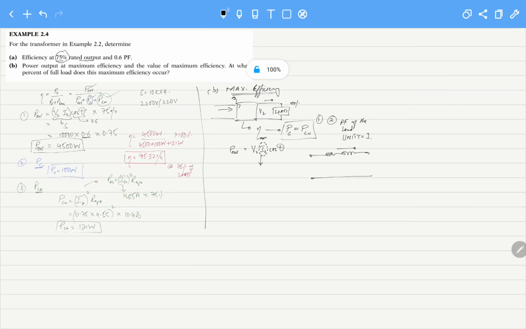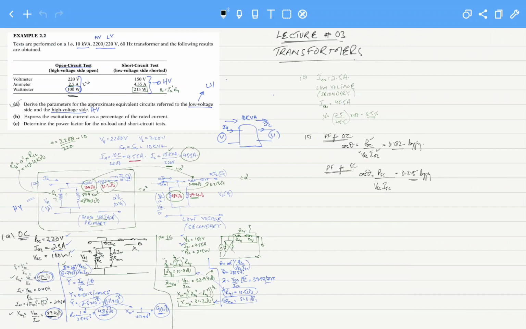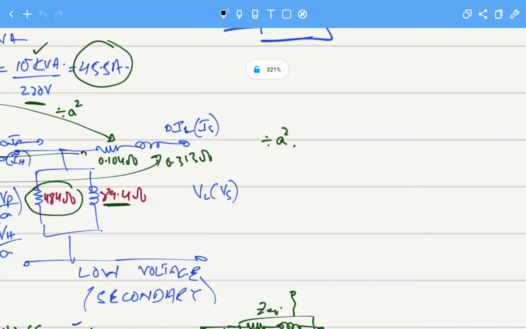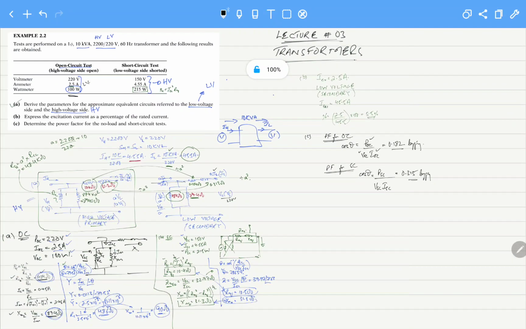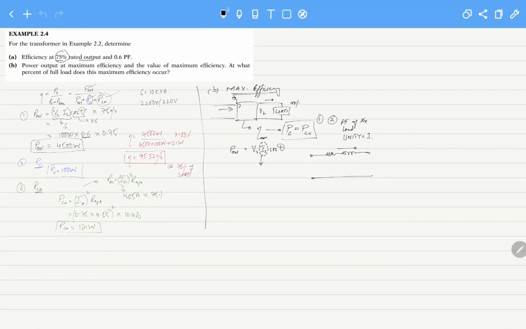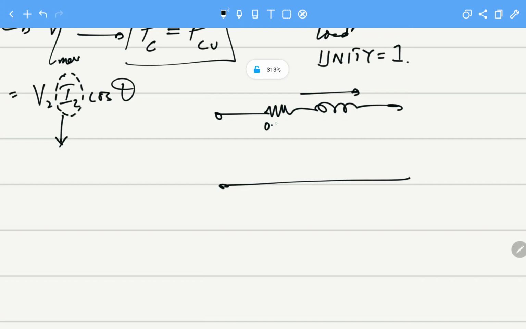So when our impedances were referred, here we have 220 volts, and this is the current we want to know, and here the impedances are 0.014, resistance is 0.104. So all the losses are occurring at this side.